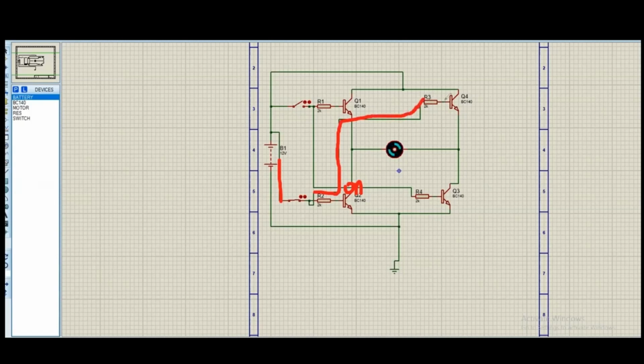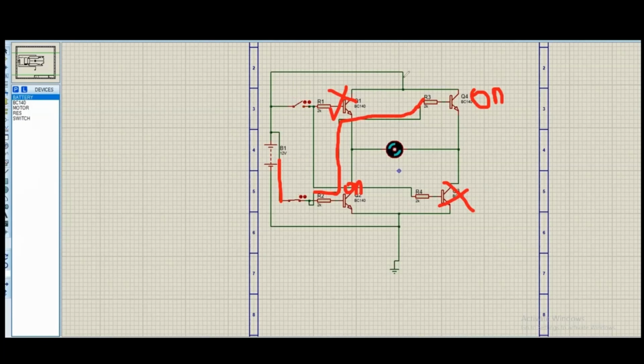It will make this transistor on. When these two transistors are in the on state, these two will be in the off state because there is no current flowing through their bases, so they will be off.